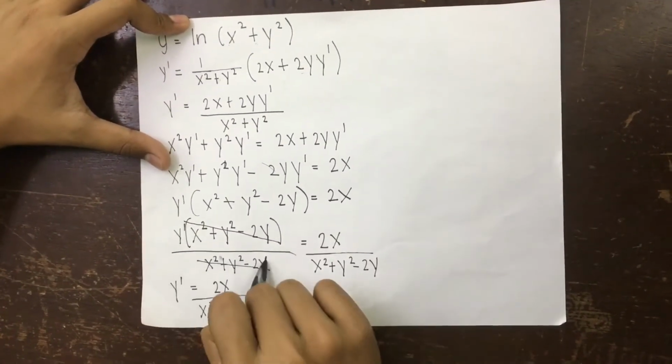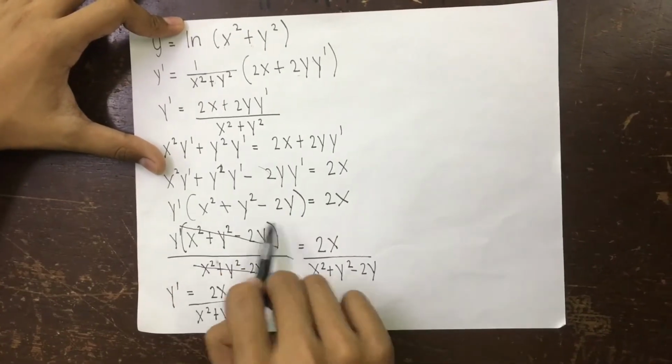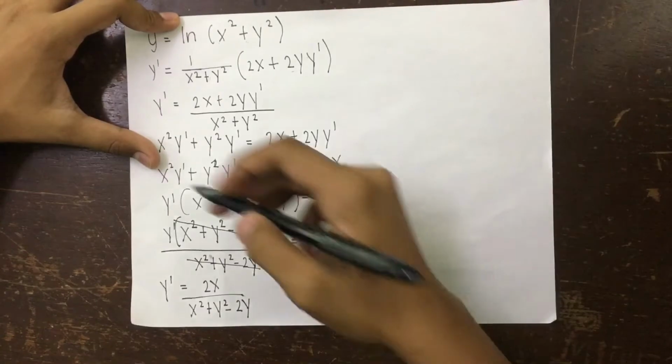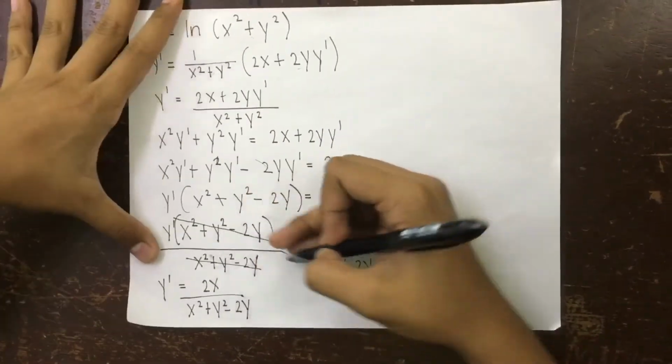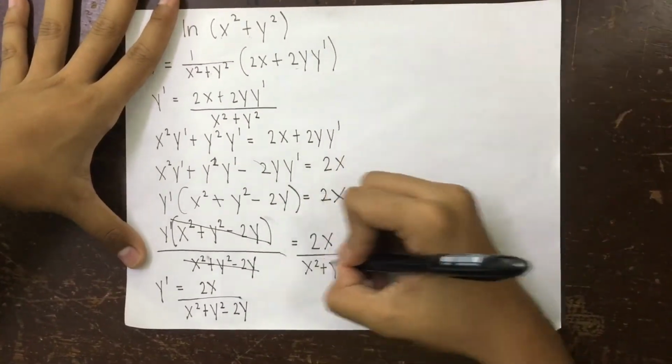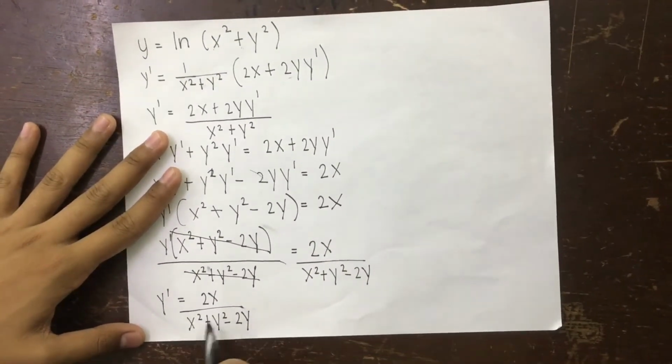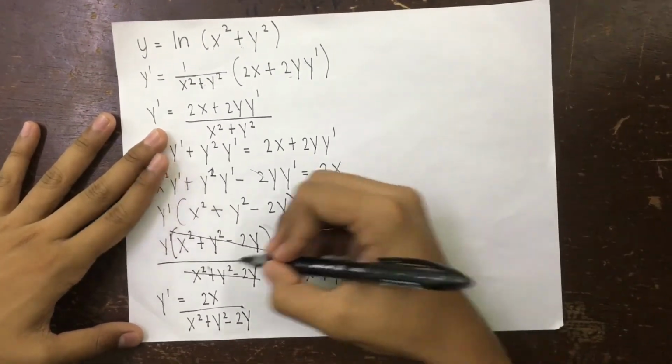Then I divide both sides by this x squared plus y squared minus 2y to keep y prime alone. So, cancel, and then our y prime value is equal to 2x over x squared plus y squared minus 2y.